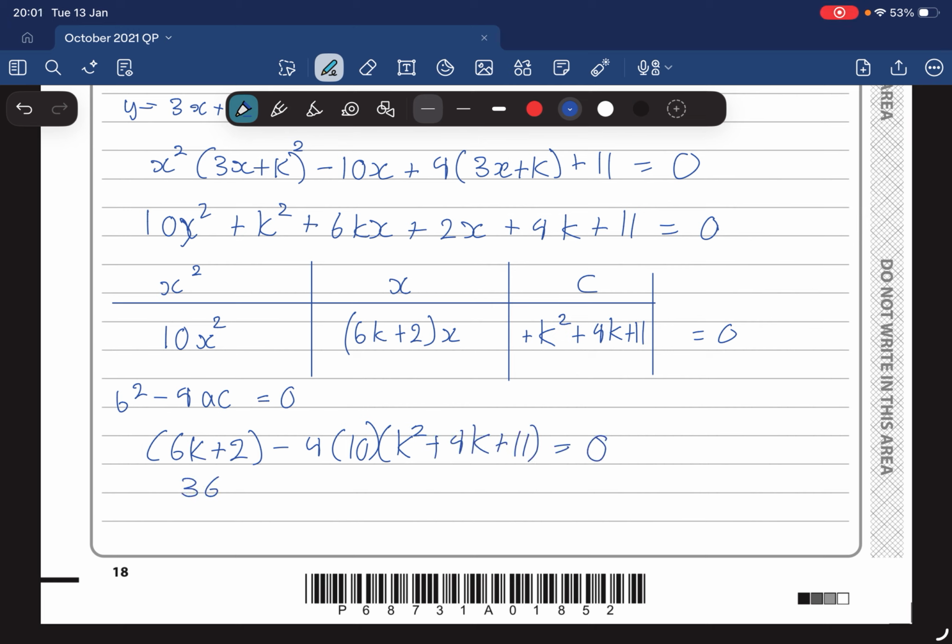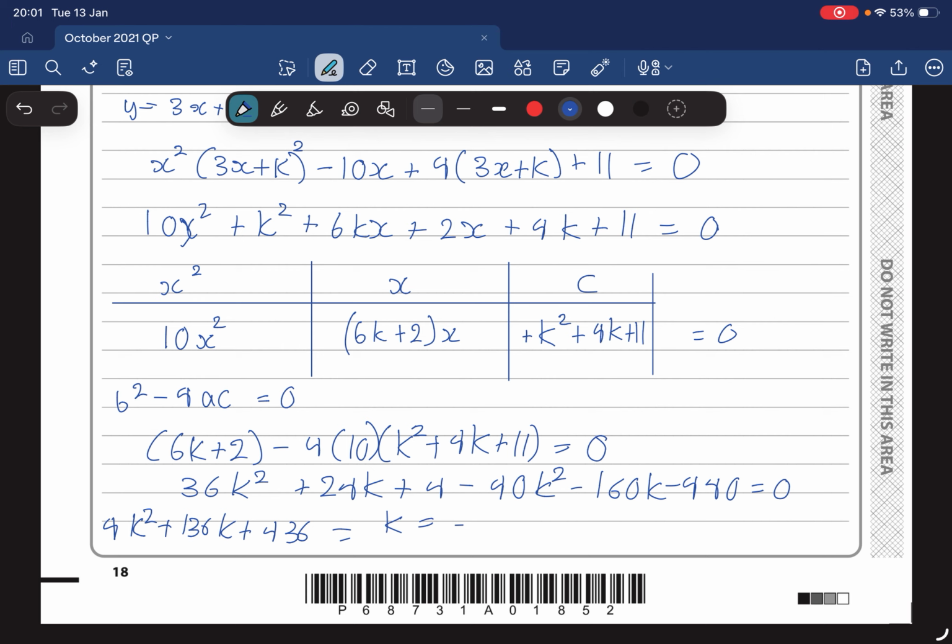That gives you 36k squared plus 24k plus 4 minus 40k squared minus 160k minus 440 equal to 0. If you simplify that, that gives you 4k squared plus 136k plus 436. Pop that in the calculator, you get the answer.